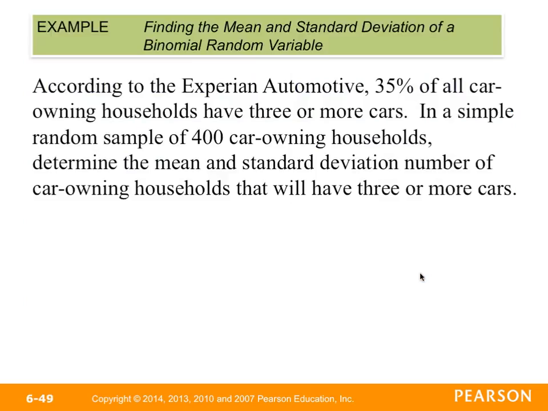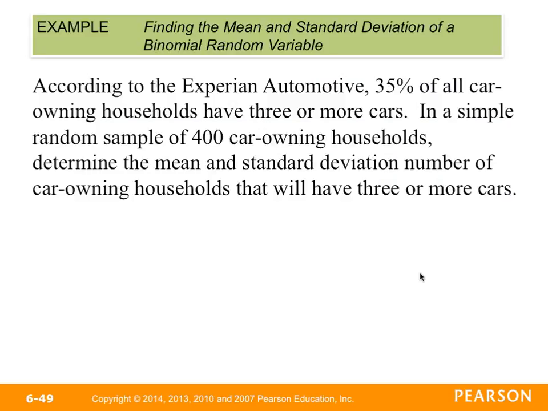So let's look at the same example, except this time we're taking a random sample of 400 car-owning households. So we have 35% of all car-owning households have 3 or more cars. We're taking a simple random sample of 400 households, and we want to determine the mean and the standard deviation, okay?